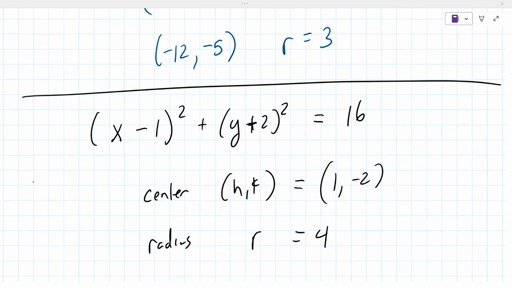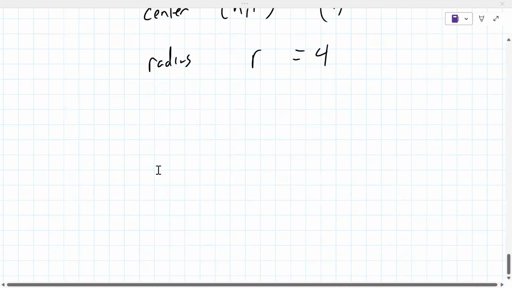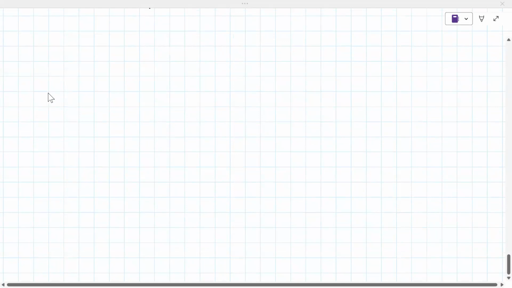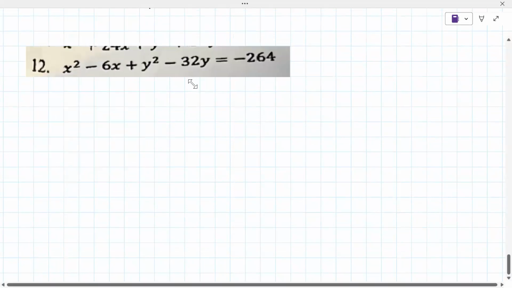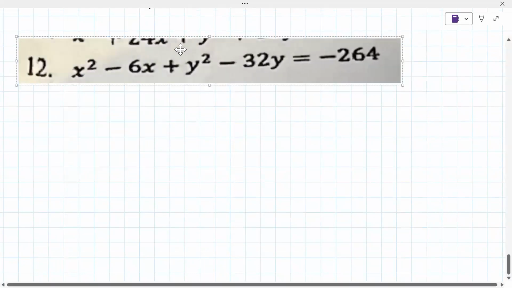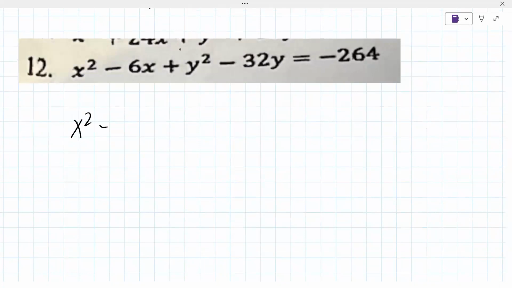We're going to do 12 next, and we'll do some more completing the square, because I know this is not familiar to most students. So you do keep the x terms next to each other, but you leave a space.